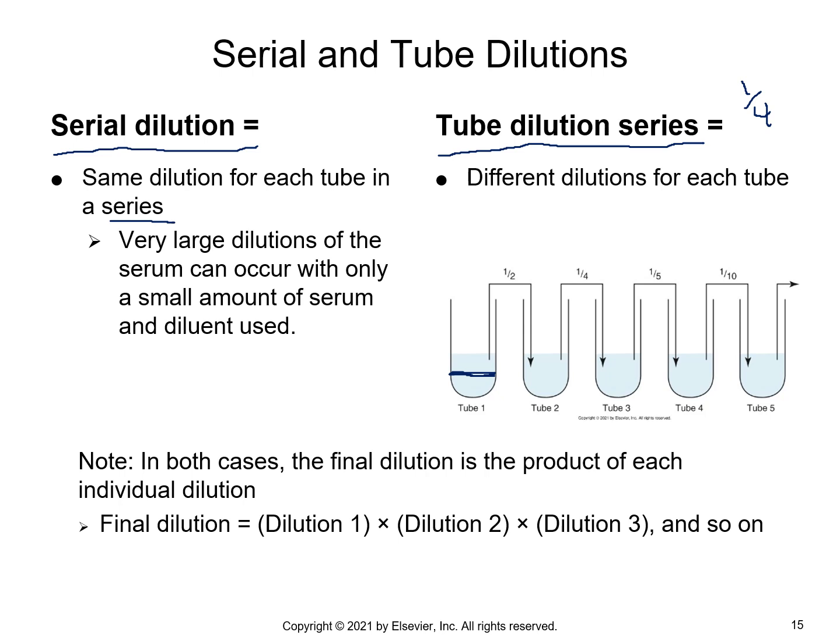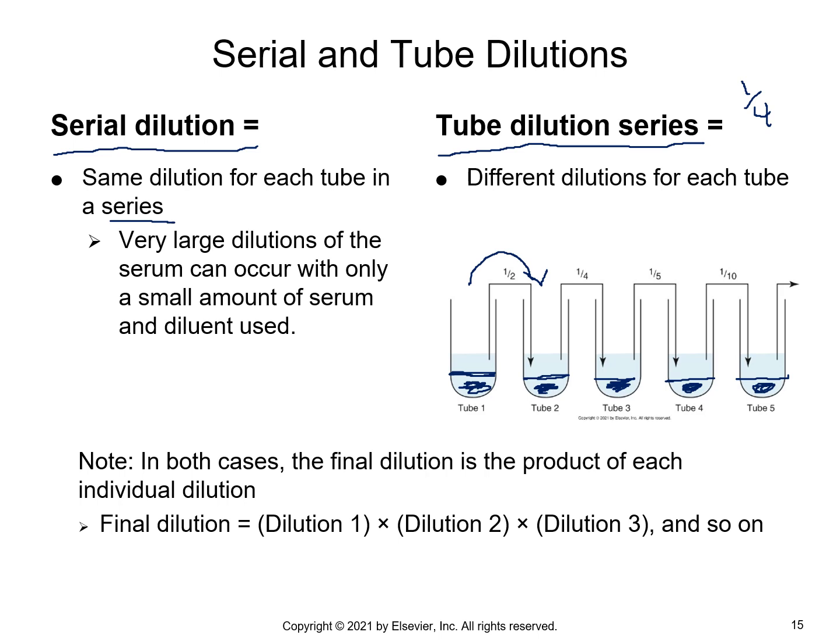And then you'll take half of that and you'll bring it over to your second tube that already has half of your diluent. So you would go ahead and put diluent in all of these tubes. So let's just say the bottom half of all of these tubes are saline. And then each time you do a dilution, you would put your sample in here.